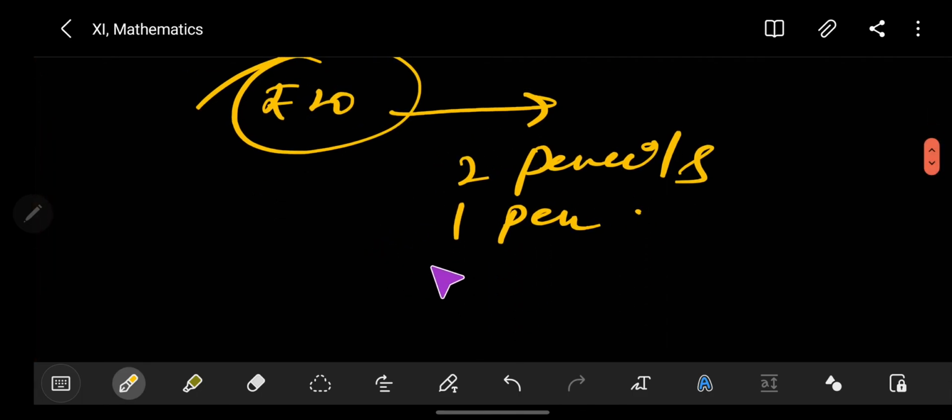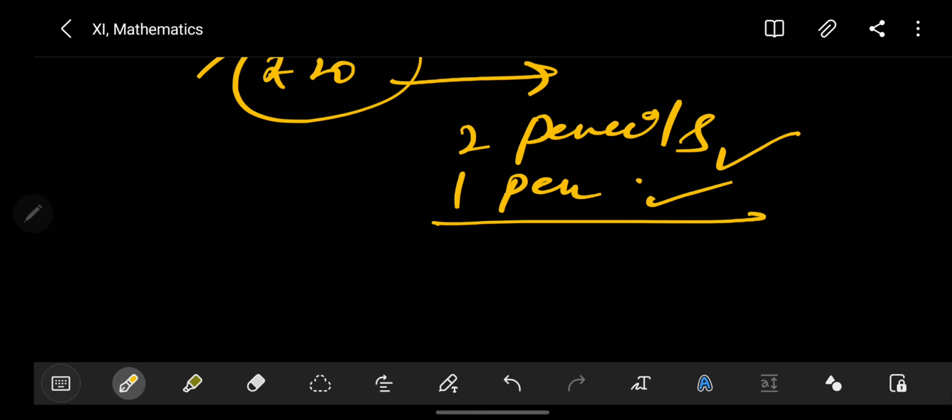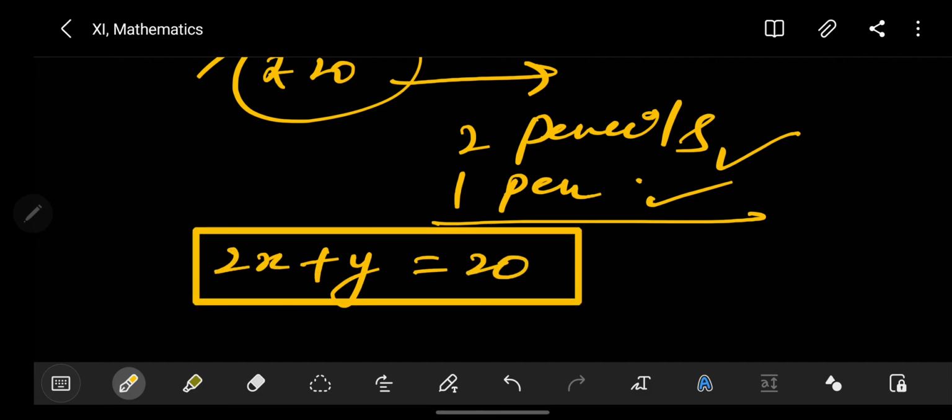The shopkeeper asked you to pay rupees 20. How will you represent the given question in terms of an expression? Suppose you take two variables, pencils and pen. Declaring pencils as x and pen as y, you write 2x plus y is equal to 20. Isn't it? This becomes a linear equation.